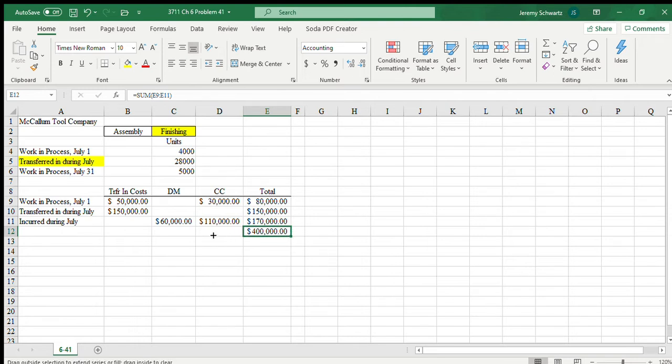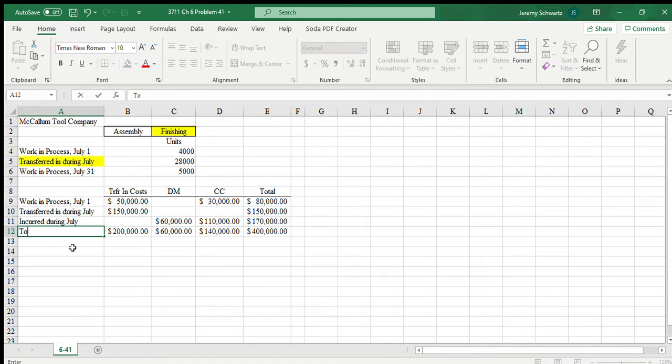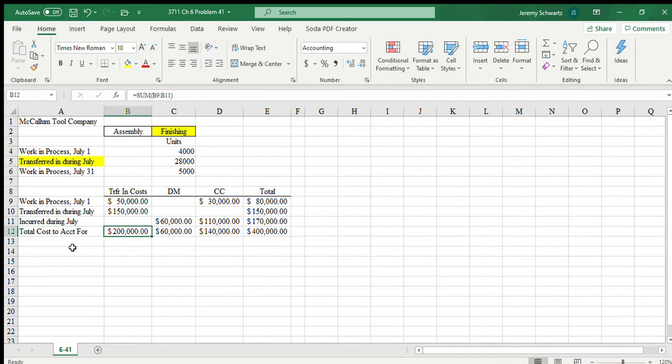And if we were to copy these over, we would see that we have 200,000 of transferred in costs, 60,000 of direct materials, and 140,000 of conversion costs.